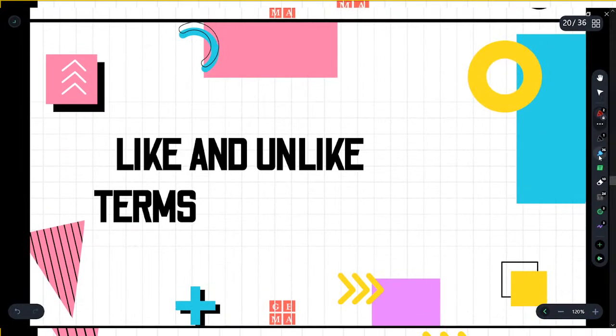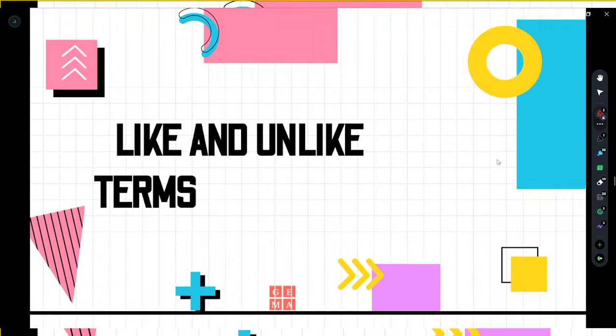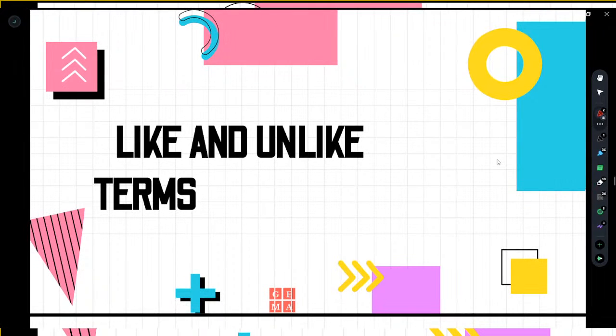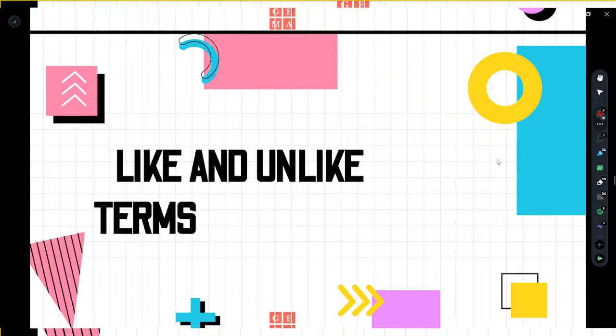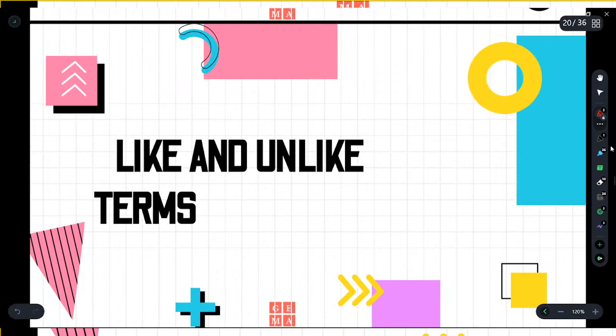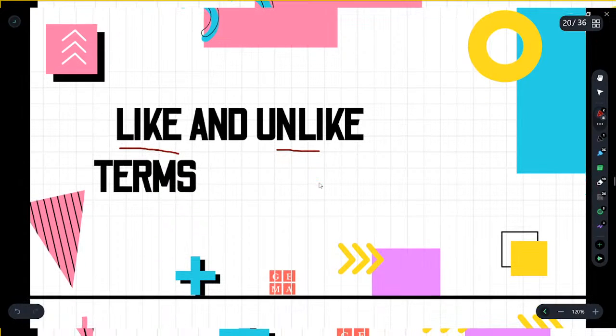Okay, so now that we have differentiated algebraic expressions on the basis of their number of terms and also have understood what are actually constants, variables and operators and what are terms, let's move on to the differentiation of terms. Terms are of two types, like and unlike, right?